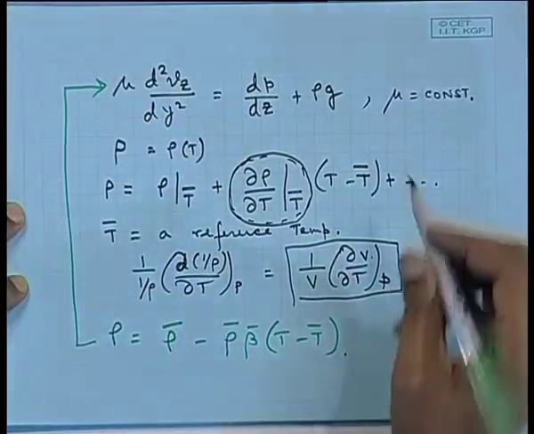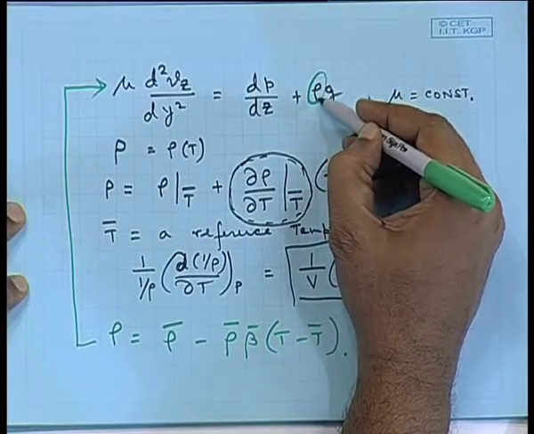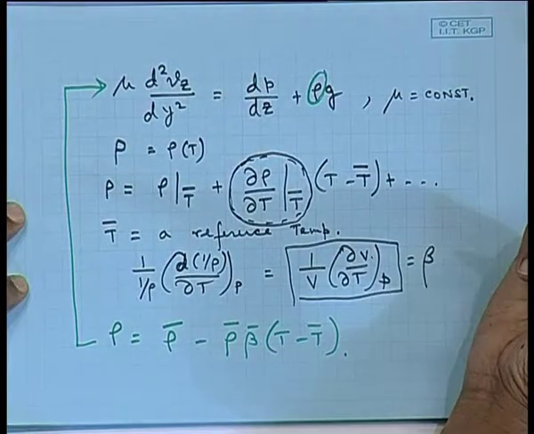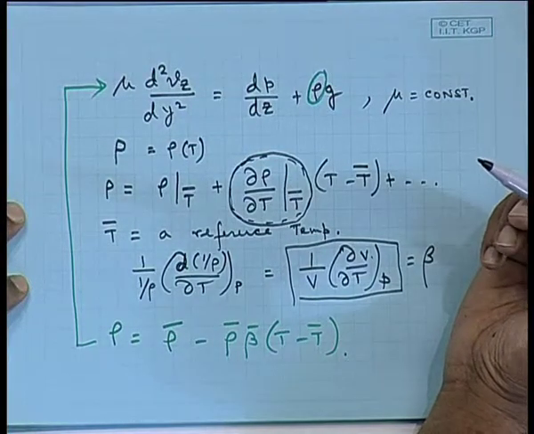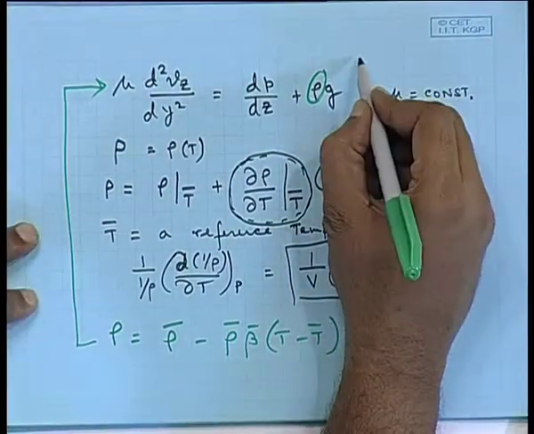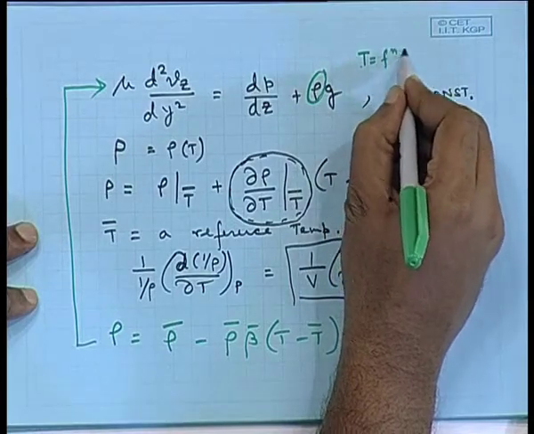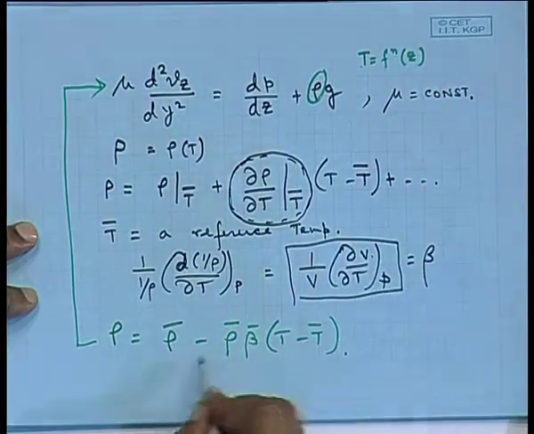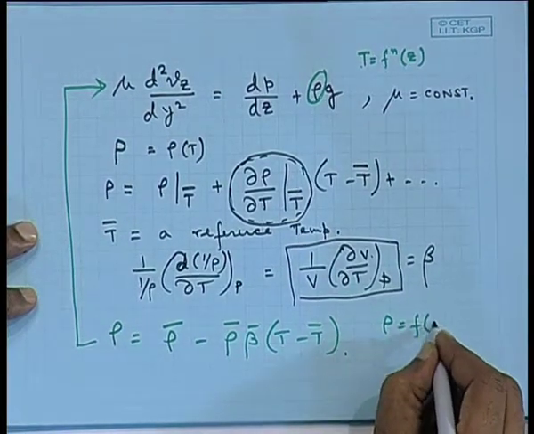I won't be able to solve this equation unless I know how rho is going to change with Z, or with Y, because I know that temperature is a function of Z, and from this expression I know how rho is a function of temperature.